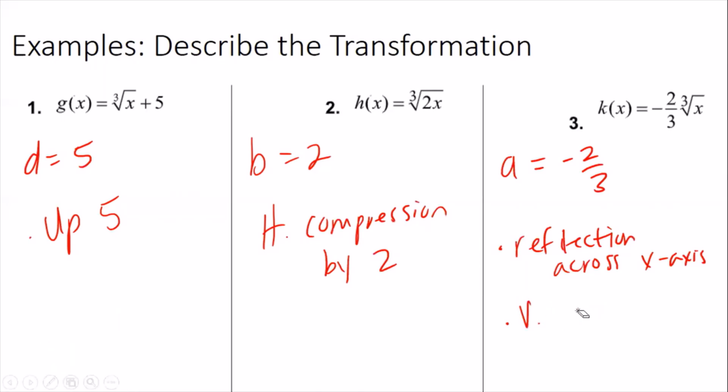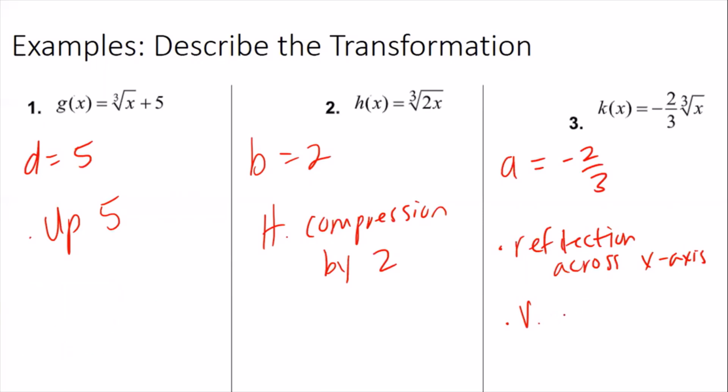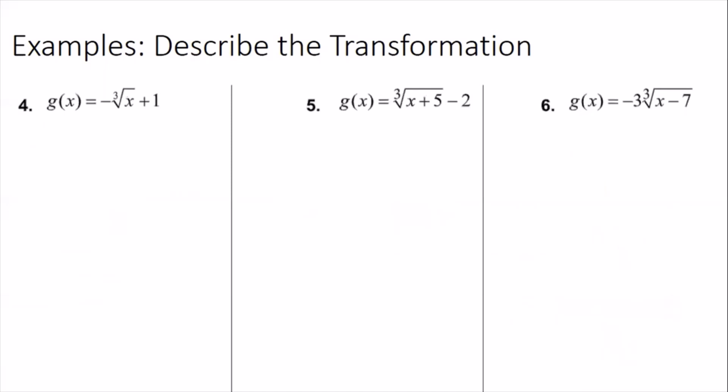It's A. So when it's 2/3, you're going inward. So it's a vertical compression, or shrink, because 2/3 is less than 1, right? All right, good? Yeah. All right, let's finish it out.